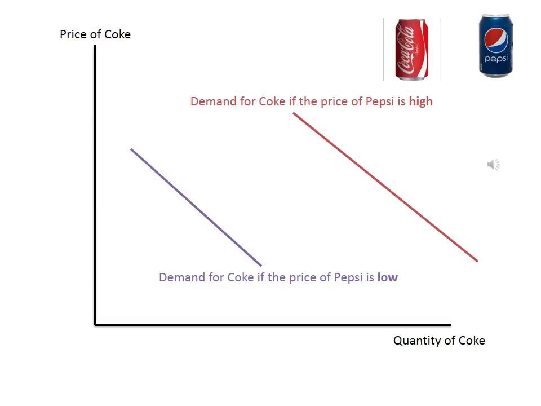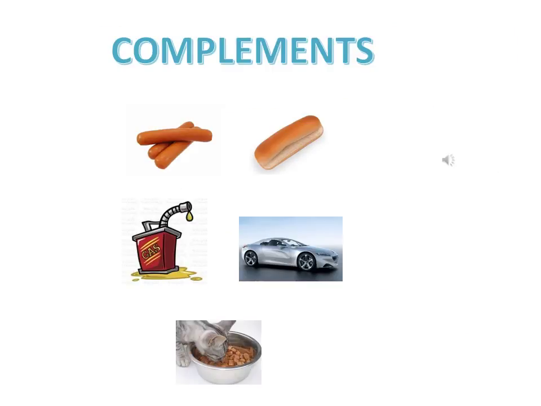And the farther out to the right your demand curve is, that must correspond to a higher price for Pepsi. In general, if we raise the price of a substitute, we shift the demand curve out, we shift it to the right. And if we lower the price of a substitute, we reduce the demand for the original good, or we shift it to the left.